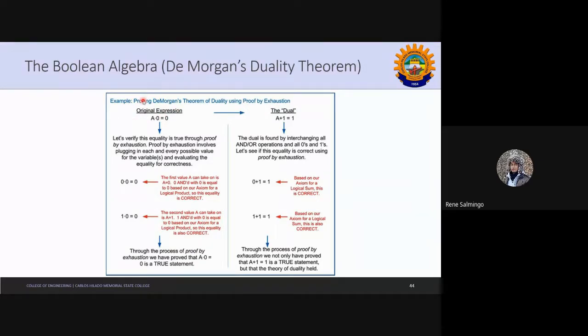First, we verify the equality by using proof by exhaustion, meaning it involves plugging in each and every possible value for the variables and evaluating the equality for correctness. The first value A can take on is A equals 0, and 0 and 0 is equal to 0 based on our axiom for logical product.